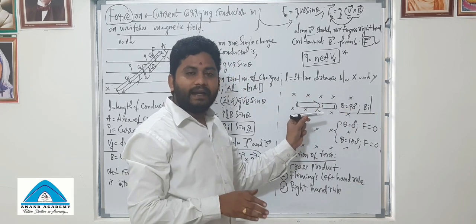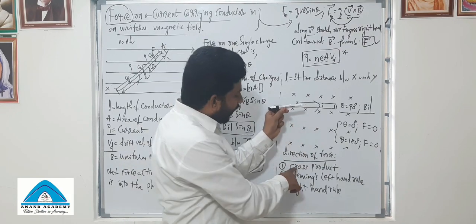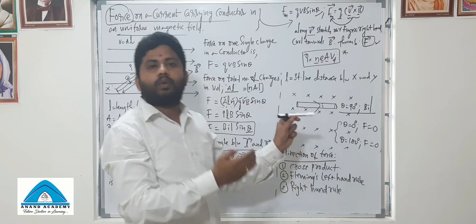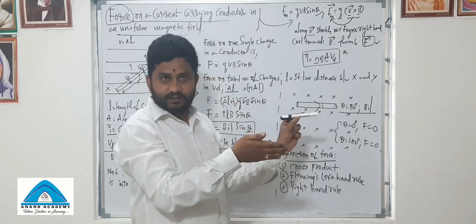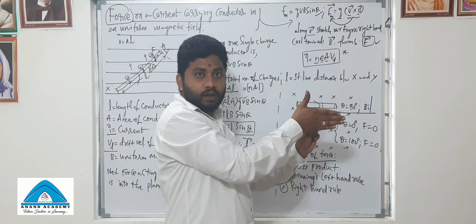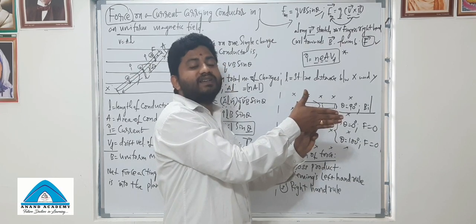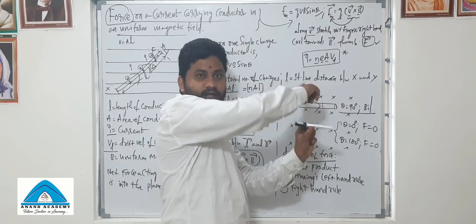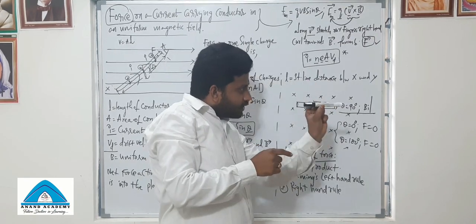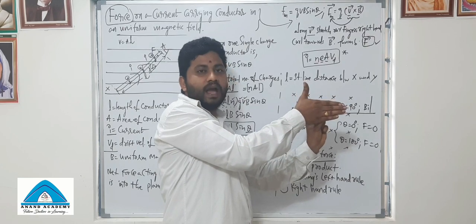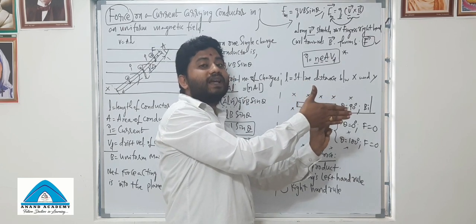According to cross product, along the direction of L bar, we need to stretch our fingers. See here, I'm stretching in the direction of L bar, and we need to curl the fingers in the direction of B bar. Where is the B bar? B bar is like this. So I am stretching the fingers of my right hand in this direction and curling towards B bar.